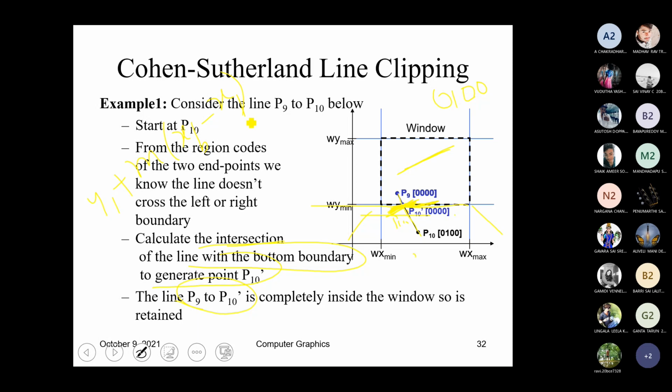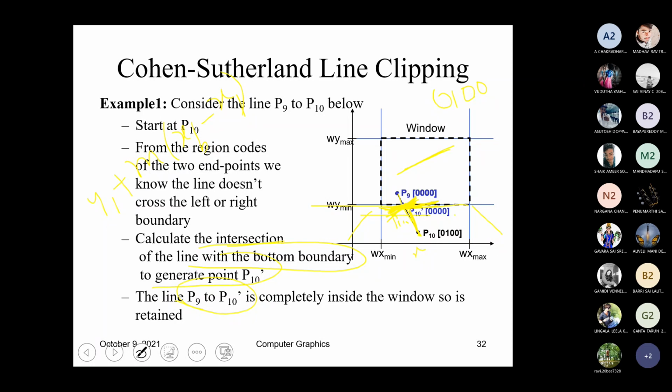So here we don't have any x value. So you have to calculate this intersection point. How to calculate the intersection point? You will start looking from here. When it reaches the boundary, you will flip it off. Another way we can tell is that you have to perform an AND operation, right?